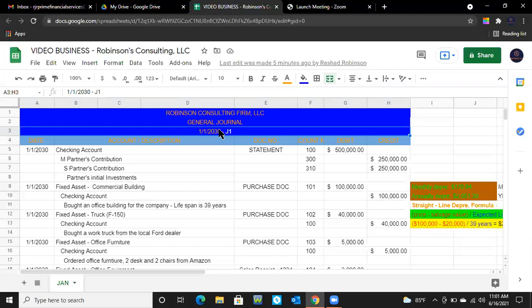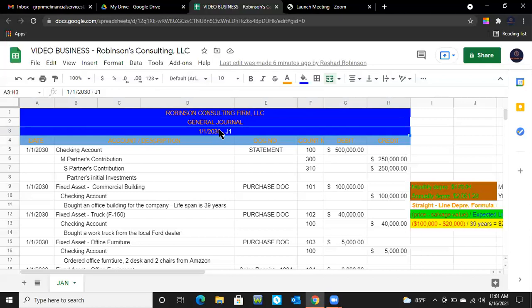So to get started, we have a partnership, 50-50 split down the middle. They both invested $250,000 into the company with a combined total of $500,000. So when you're thinking about buying fixed assets, capital assets, you want to have a capital policy in place before buying it.